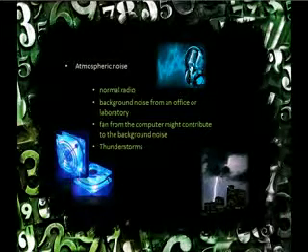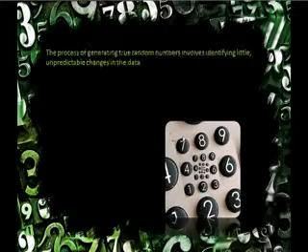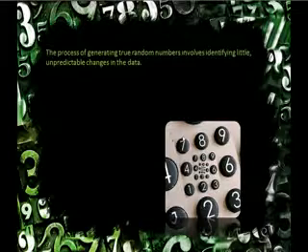Thunderstorms generate atmospheric noise as well. Regardless of which physical phenomenon is used, the process of generating true random numbers involves identifying little unpredictable changes in the data.